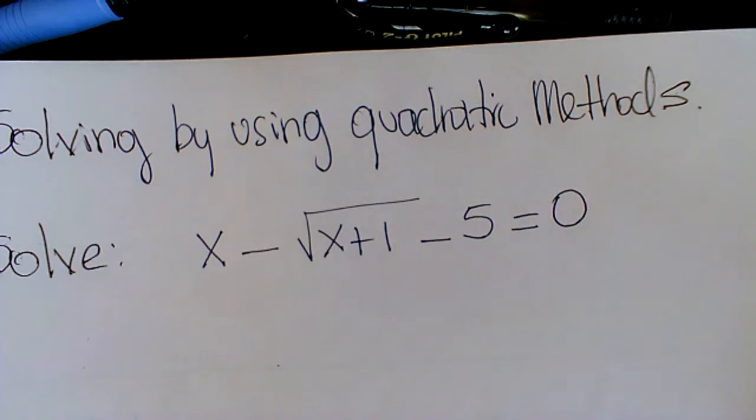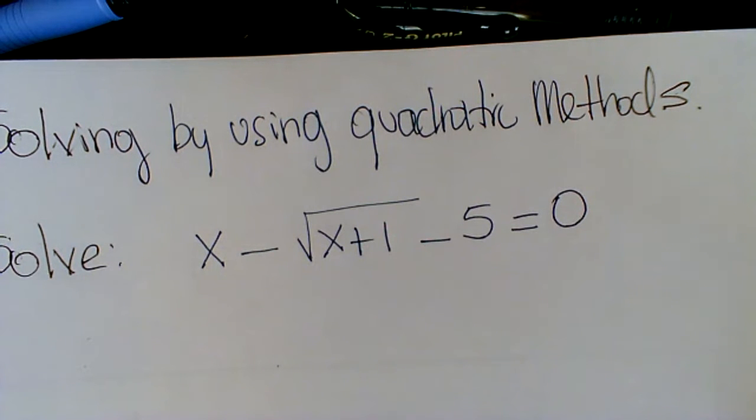What do we do with the square root? That too, but we isolate it first. So we're going to do that, but first we're going to isolate the square root.